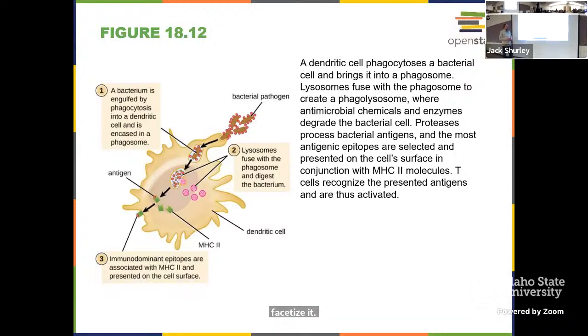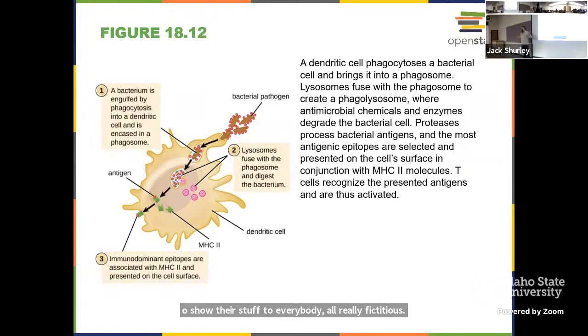They also have some potentials to truly, with this presentation, try to show their stuff to everybody, not really thinking T cells, but everybody that they can, trying to stimulate as much of a response as possible. We're showing you a small aspect. So this bacterium up at the top, we've got some sort of pathogen.